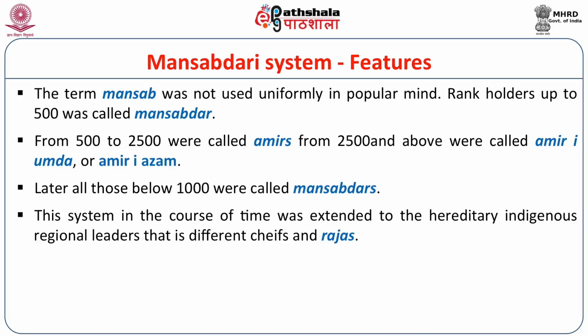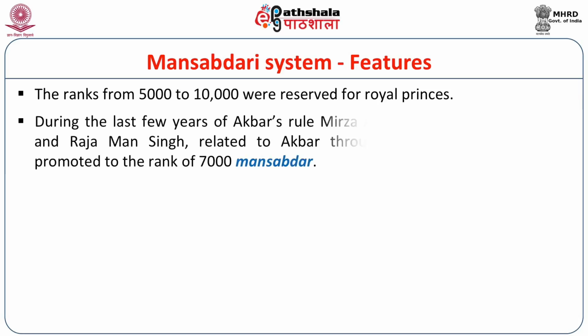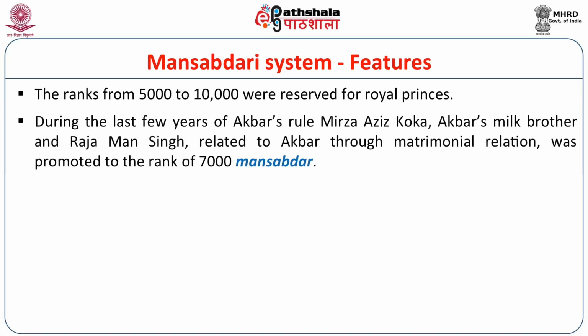The system in the course of time was extended to the hereditary indigenous regional leaders, that is, different chiefs and rajas. The ranks from 5,000 to 10,000 were reserved for the royal princes. During the last few years of Akbar's rule, Mirza Aziz Koka, who was Akbar's brother, and Raja Man Singh, related to Akbar through matrimonial relation, were promoted to the rank of 7,000 Mansabdar, which was the highest possible during the time of Akbar.